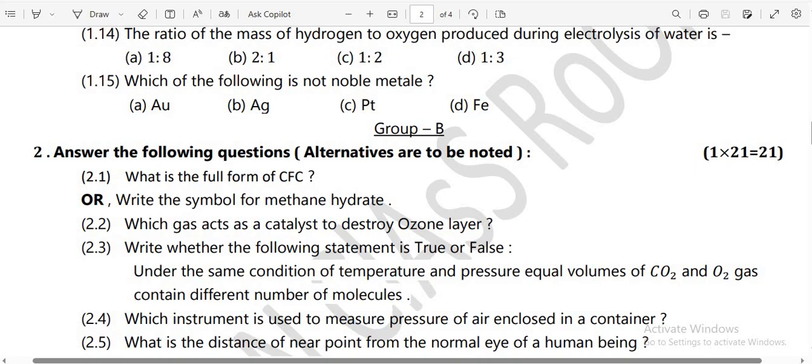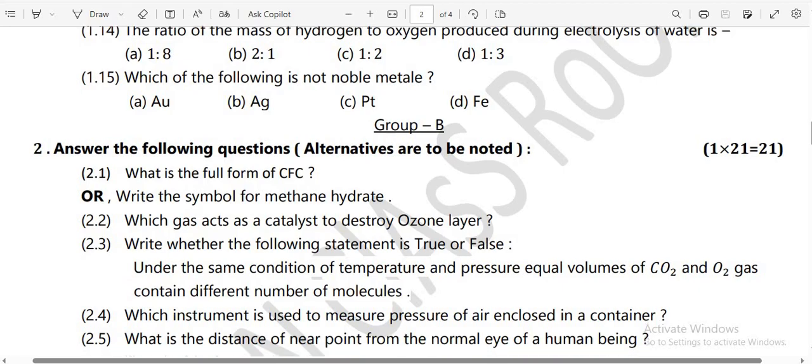2.3 Write whether the following statement is true or false.